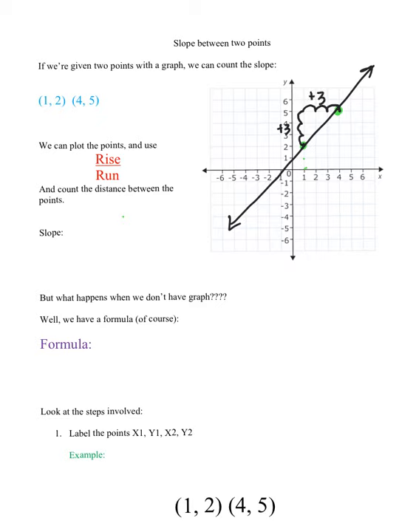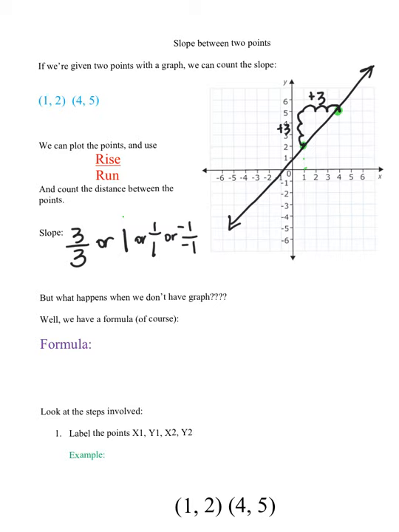So my slope then would be 3 over 3, or 3 divided by 3 is just 1. We could also write it as 1 over 1, or if we needed to, -1 over -1. So that's how we would find our slope if we have a graph with points on it.